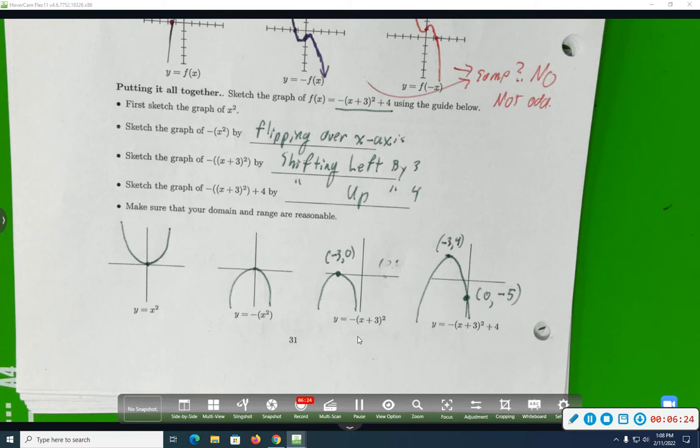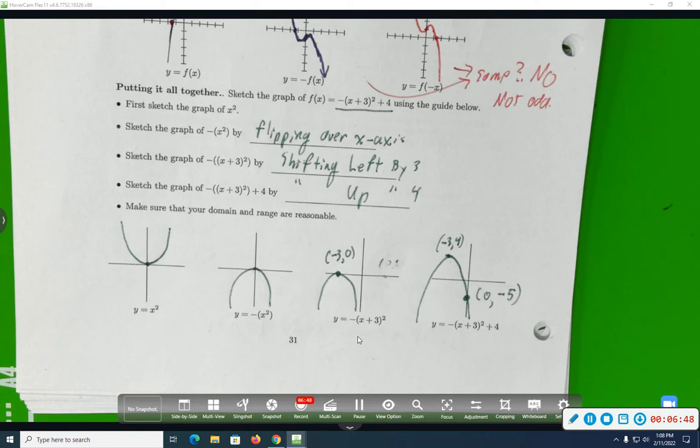And let's actually see what we did graph. So if this is x squared and we shift left, then what have we just graphed? It'll be something squared. And then I shift up 4. What does that do to the function?